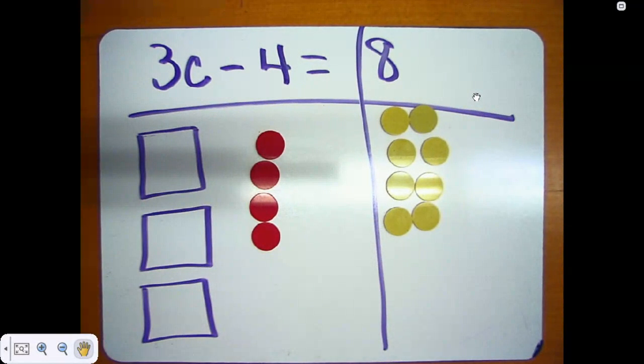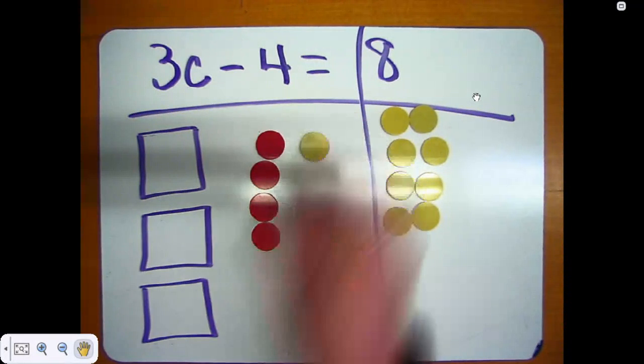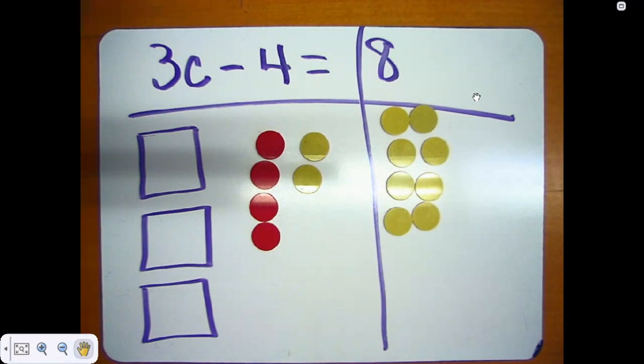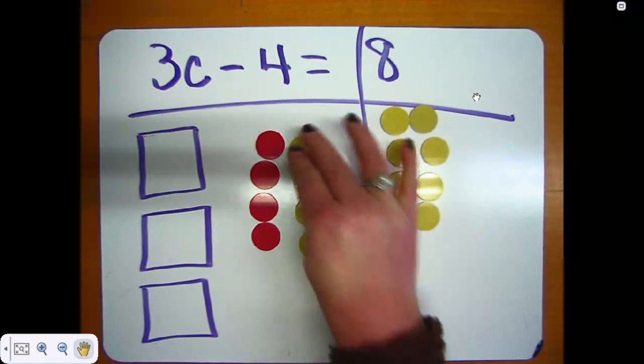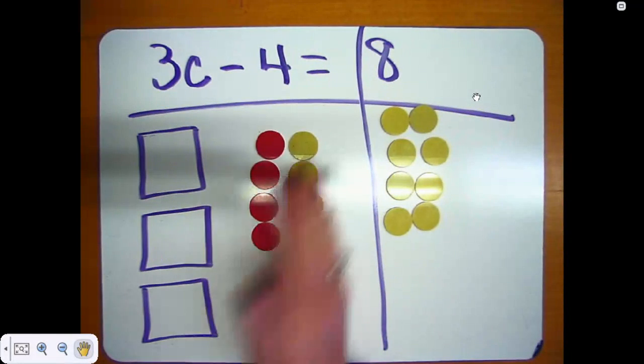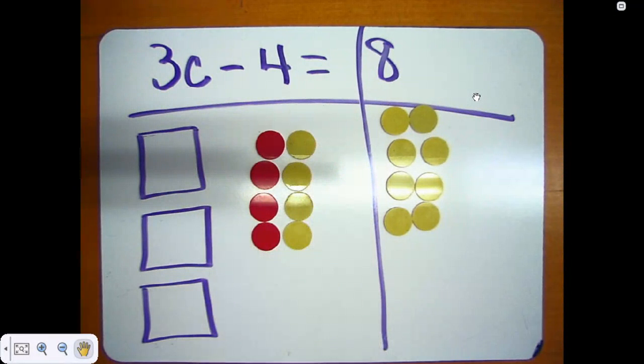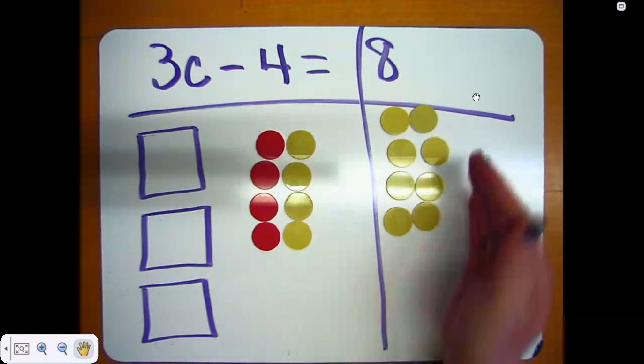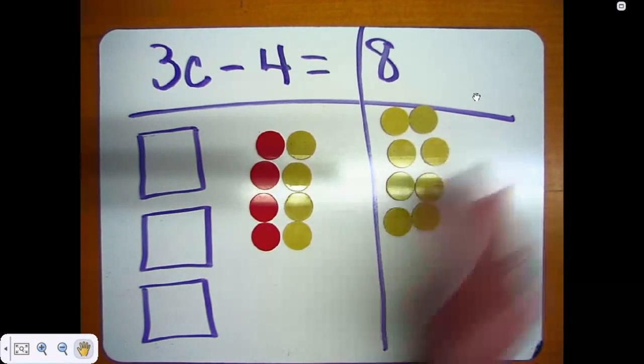The way to get rid of my negative 4 is to add its additive inverse, which is positive 4: 1, 2, 3, 4. Yesterday in class, I noticed that some people were trying to add positive 4 and then take this away, and then they were lost over here.